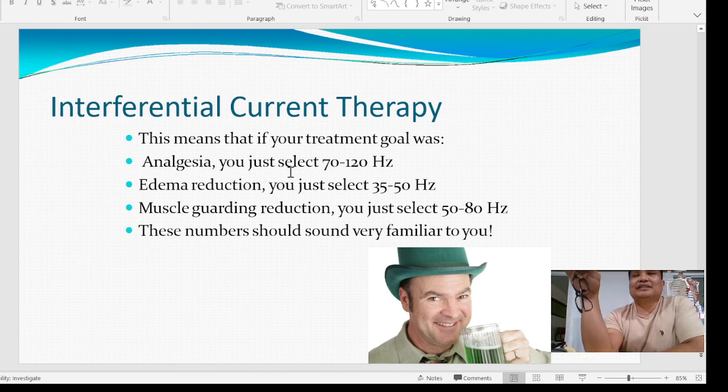So you set it at a lower frequency, 35 to 80 hertz. So that is rhythmic. For muscle guarding, it is 50 to 80. And remember, what this stimulates is the C fibers.